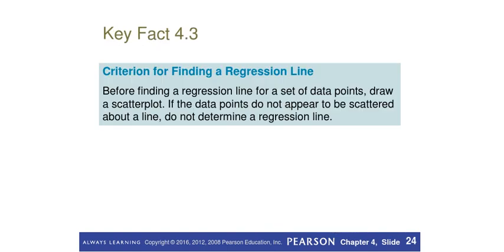So if we're going to find a linear regression line for our data points, we're going to draw a scatter plot, and if the data points do not appear to be scattered about the line, they really don't determine a regression line. That's a fact we're going to have to look at shortly. Okay, more to come.